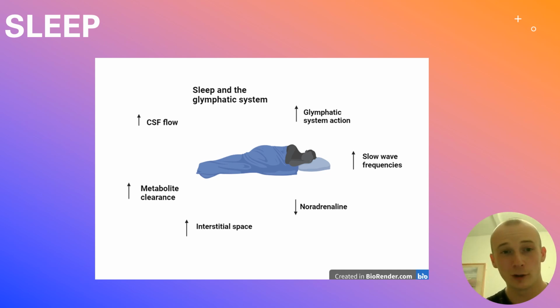And photoimaging of in vivo mice demonstrated a 90% reduction in glymphatic clearance during wakefulness, which is crazy, as a comparison, and even twice the amount of protein clearance from the brain happens during sleep compared to wakefulness.